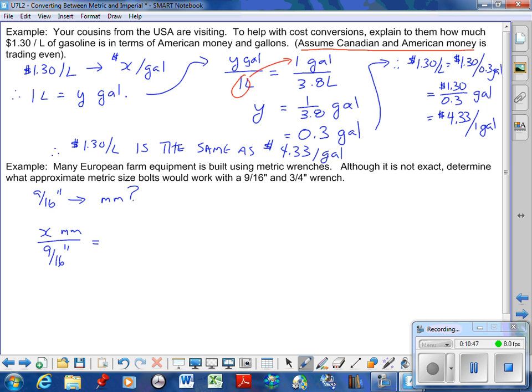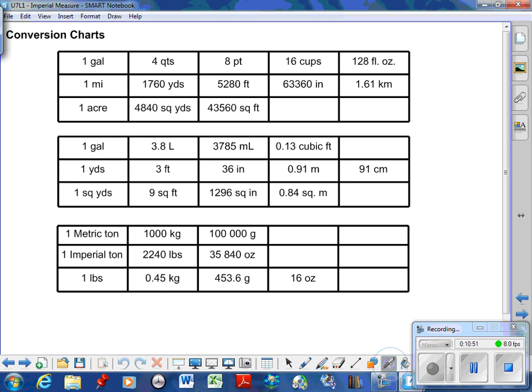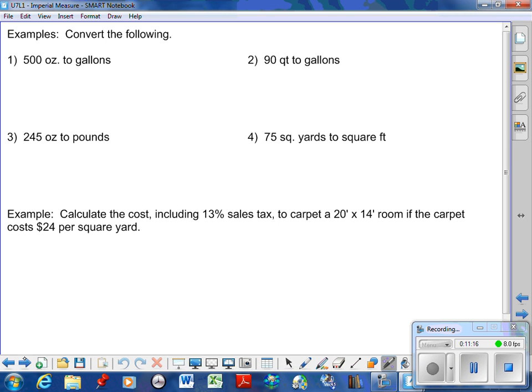So doing the conversion, I want to know how many millimeters are in 9/16 of an inch. I'm going to have to go millimeters to inches, so you need to get that sheet out again. We have to find millimeters and inches. I know I have 36 inches and 91 centimeters, but I know 91 centimeters is 910 millimeters, just using what we know from the metric system. So 36 inches has 910 millimeters.